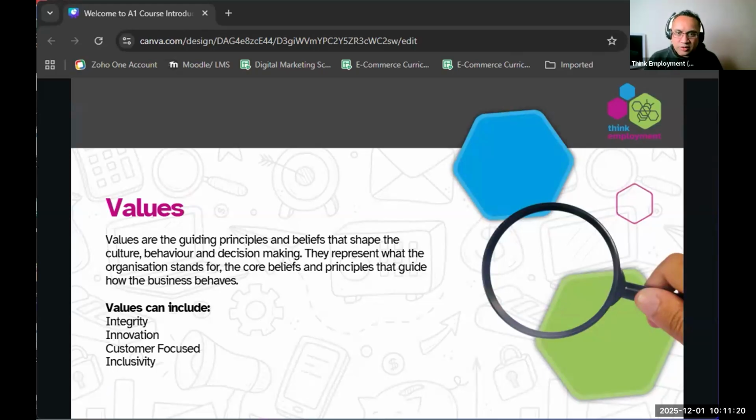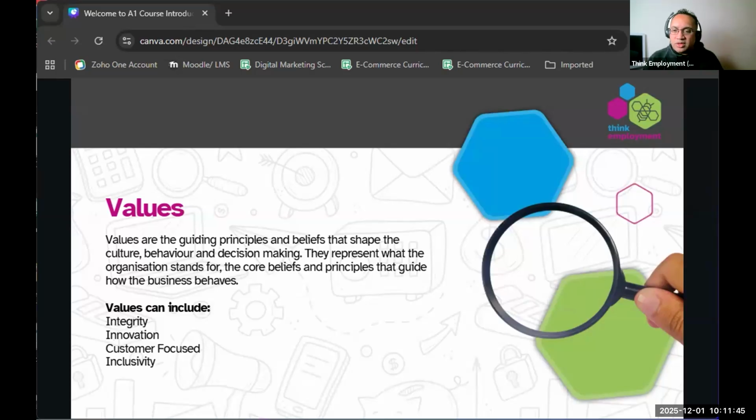I think trust is one of them, and it makes sense, right? If you're going to go to the NHS, you want to be able to trust them to take care of you. So trust, integrity, innovation, customer focused, inclusivity. These are values. Every organization would have some values that they really focus on.